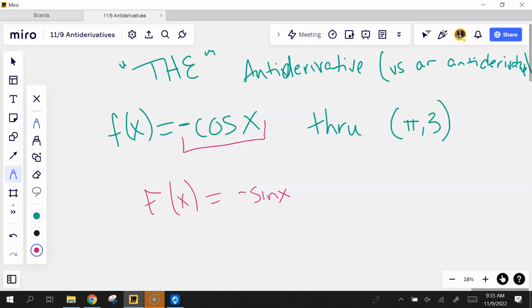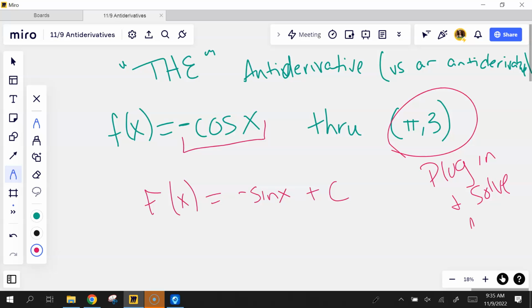And okay, yeah, that's right. But I can't forget this, right? But now, after I find this with the plus c, I'm going to plug in this point given and solve for c, so that I've got that specific antiderivative and not just a general antiderivative.